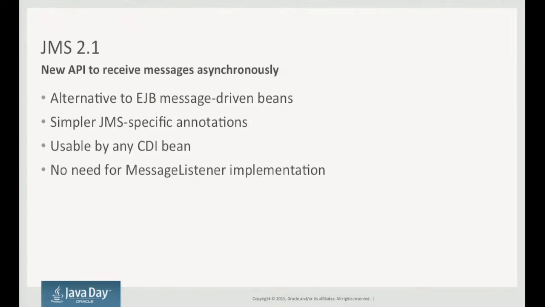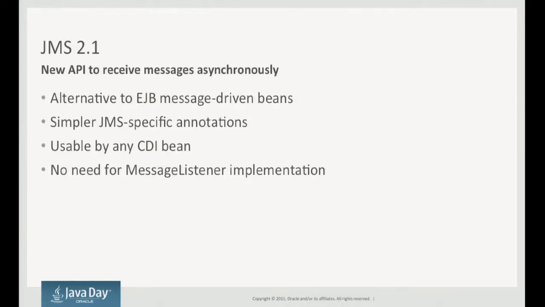In Java EE 7, we did a considerable simplification of the JMS APIs in JMS 2.0. But we didn't touch message-driven beans, which haven't really been improved very much since they were introduced in EJB quite a while ago.